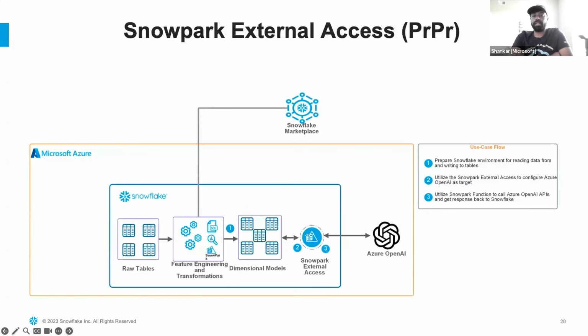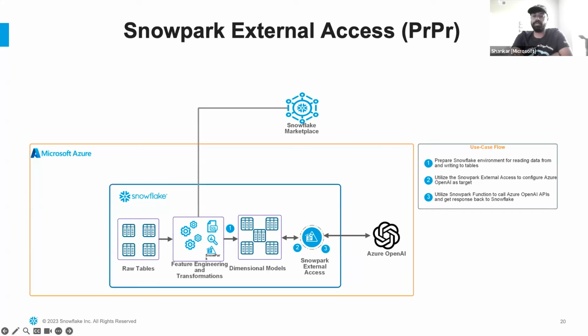So the Snowpark External Access is a feature that has been announced at this year's Snowflake Summit. Basically, external access streamlines the process on how you talk to an external API without going to multiple different hops that we saw in the previous external function method. Snowpark External Access can whitelist the Azure OpenAI, set up a secure API integration, and then talk to OpenAI, sending a request.